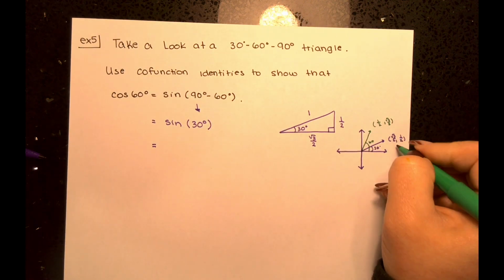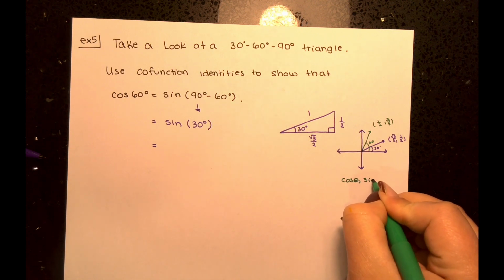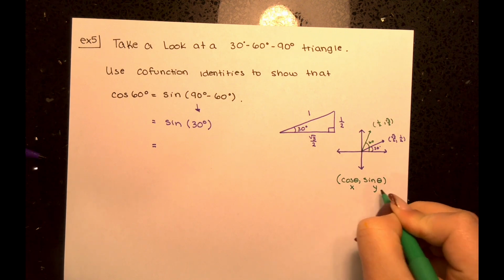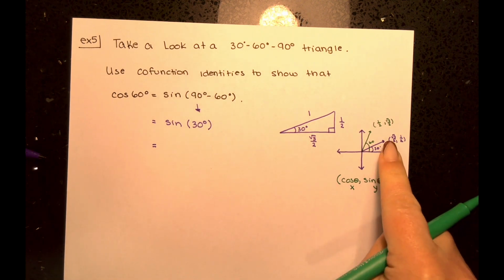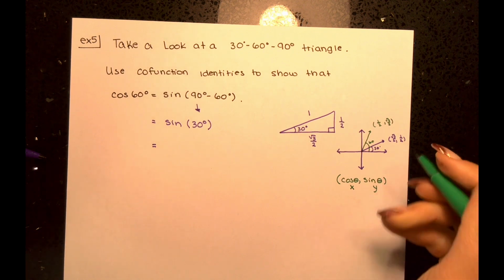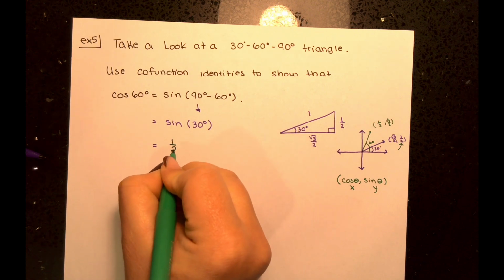Here's cosine, comma, sine. That means cosine is our x, sine is our y. So sine of 30 degrees is 1/2.